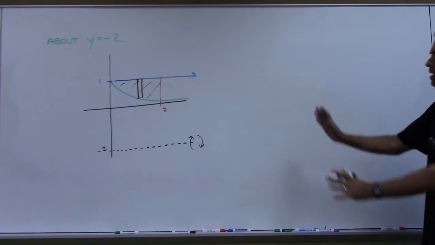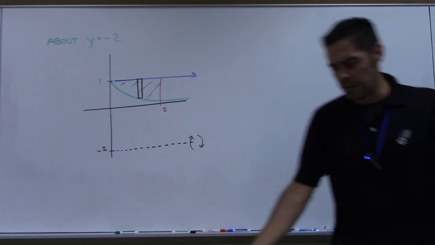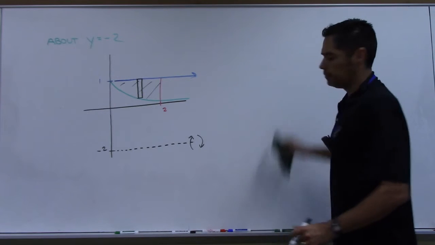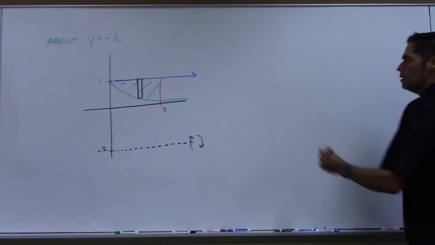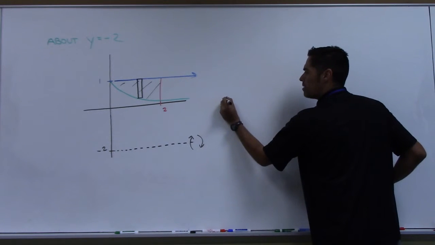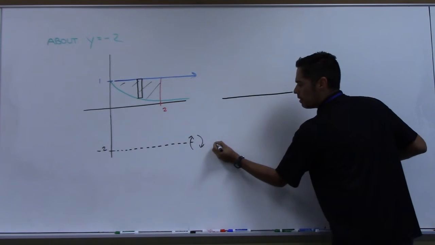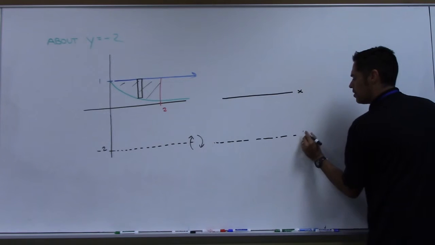And now I'm going to take that whole picture and transpose it over here to the right side. I like to bring over my axes first. There's the x-axis. I'll even label it x-axis. Over here, my axis of rotation is here.